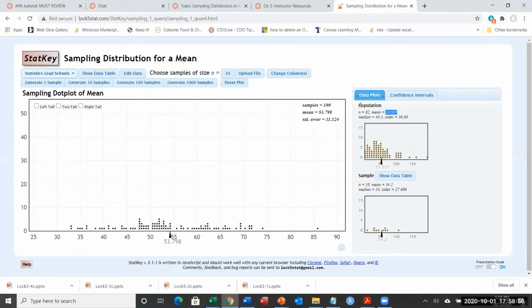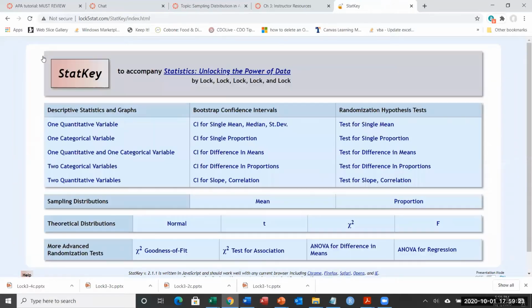Mark down the things: here we have the population, here we have the sample, and this is the last sample generated from these 100 samples. In the main plot area, the sampling dot plot, each and every dot represents the mean of one of the 100 samples. But I will not work on this while working on the bootstrap sampling.